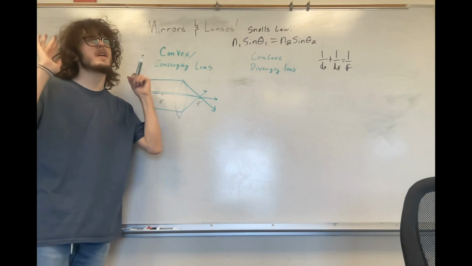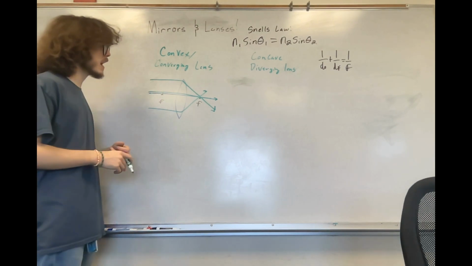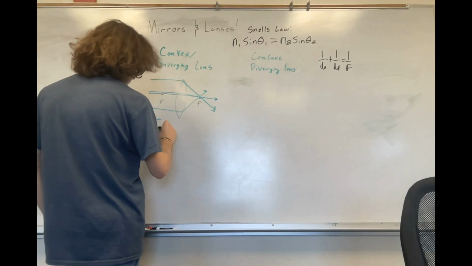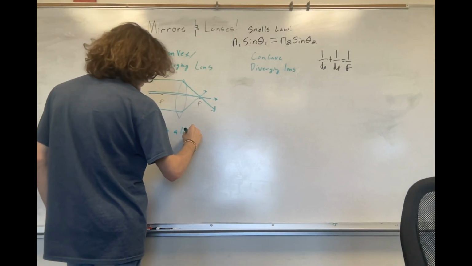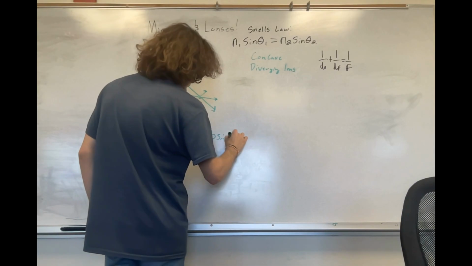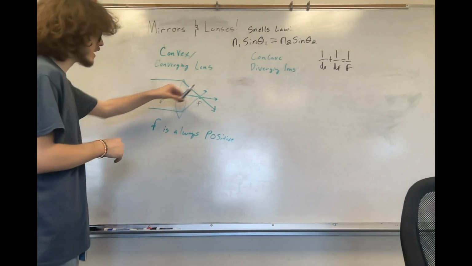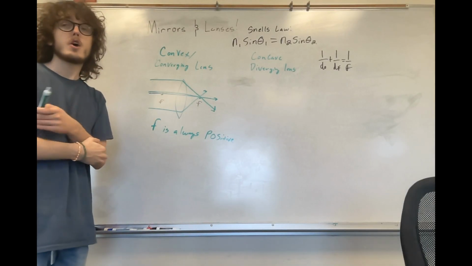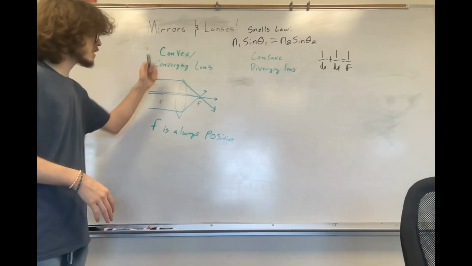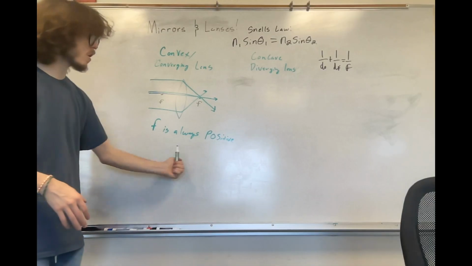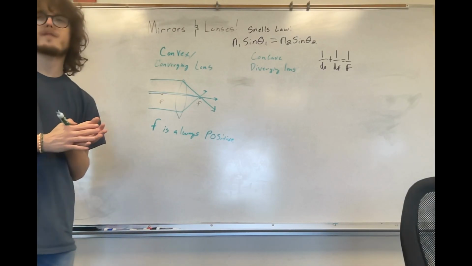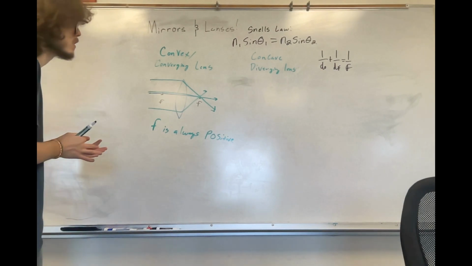It's so obnoxious and stupid, okay? F seems to be negative, but for a converging lens, F is always positive. Okay, F is always positive even though it's on the wrong side. But your image distance stays the same. So positive distance, negative distance, but F is always positive in this case. So please keep that in mind. Very, very critical point. Write that down in your notes if you have to.